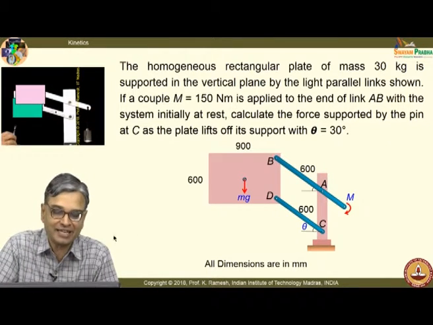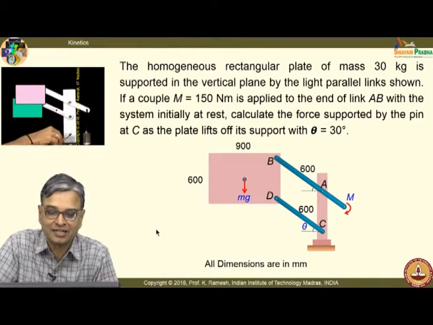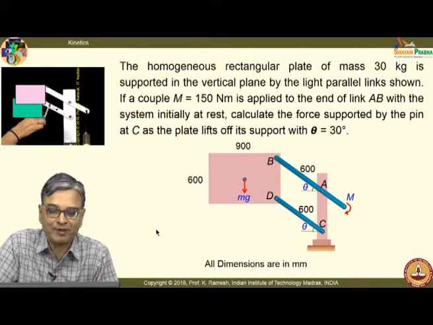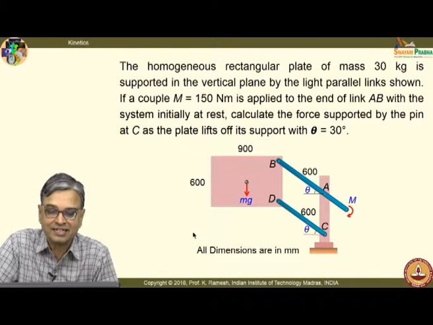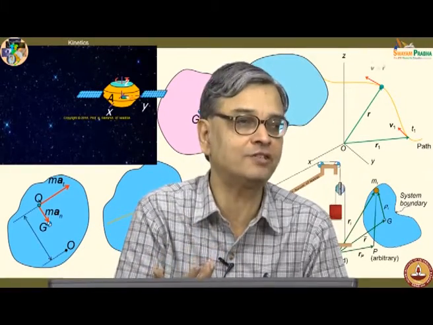Okay. To aid your thinking, I have also done one more requirement. What I have done is, see, this is a pin joint. I have a pin joint at C, D, B and A. The moment it is pin joint, you can replace it by, if I have a Cartesian coordinate system, I can replace it by two forces, because I do not know the direction of the force.